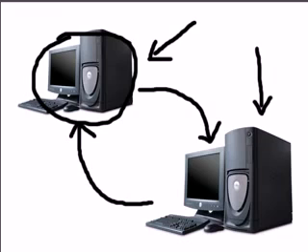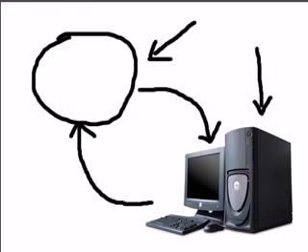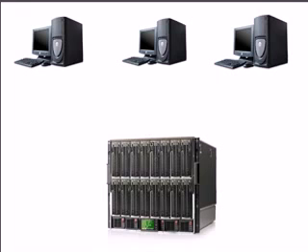Another thing that you're going to see a lot is something called a server. Now what a server is pretty much it offers a lot of users, different users, access to the same information. So for example, if you have 3 different workstations right here, you can have a server so that all of these workstations can have access to this data.